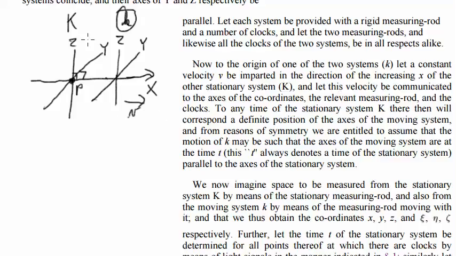Of the other coordinate system, k, and let this velocity be communicated to the axes of the coordinates. The relevant measuring rod, so I'll put a little meter stick in here, and all of the clocks.